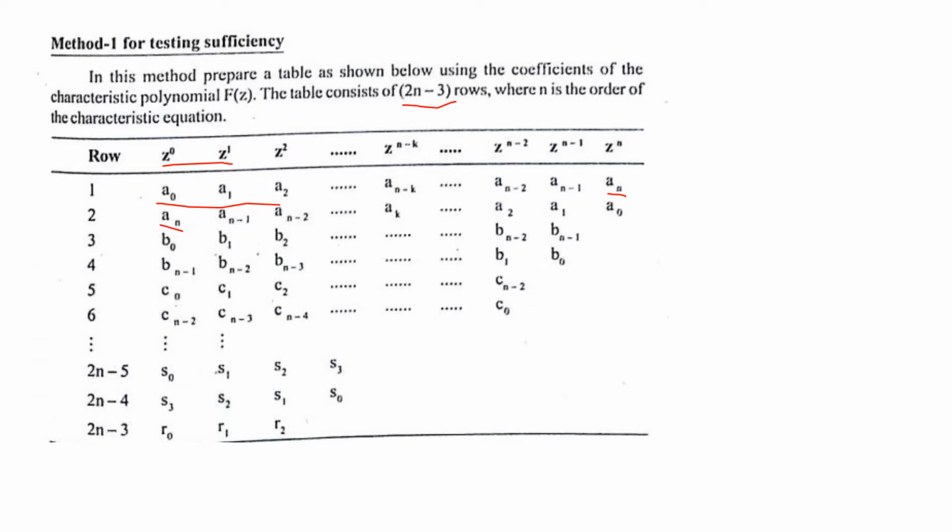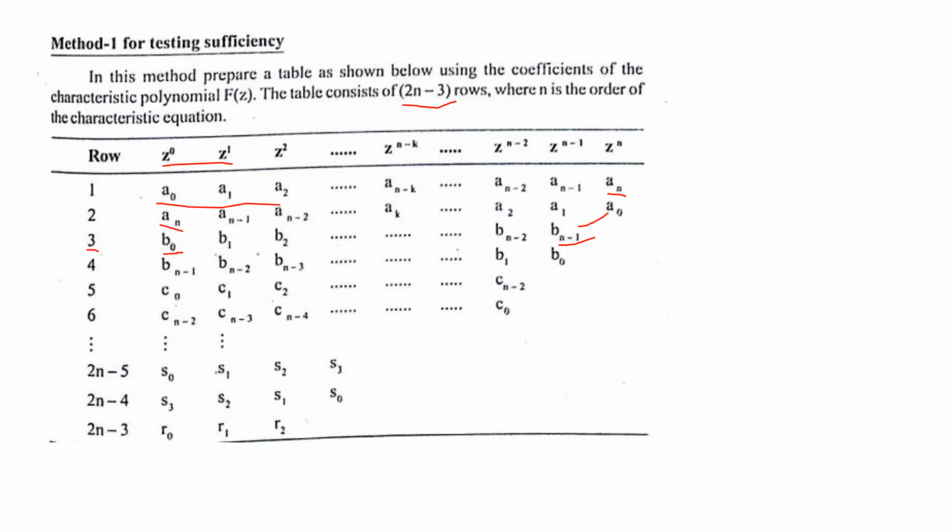Clear? Next, row number 3 is b0, b1, b2 up to b(n minus 1). So the row b will always be one element less than your row a. After reversing, the next row will be b0.